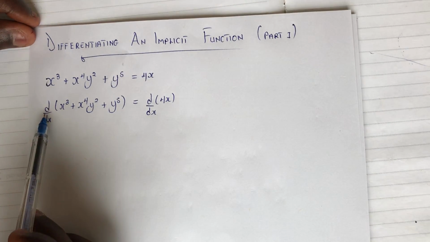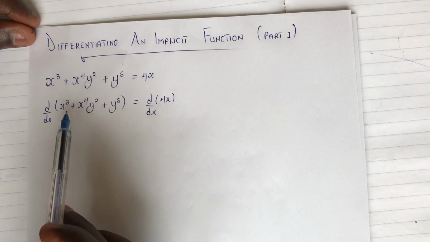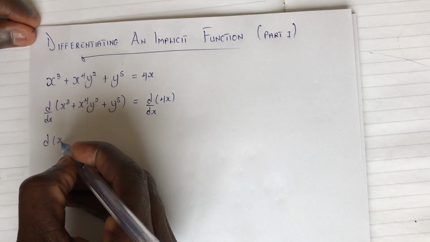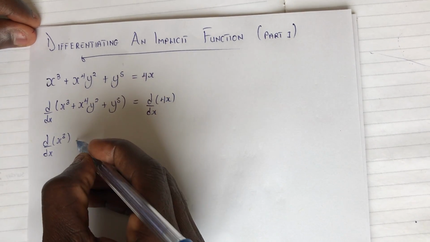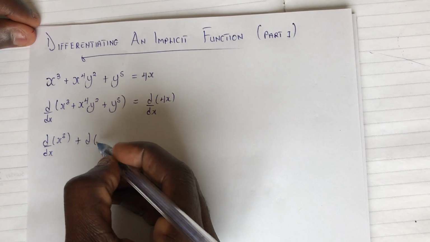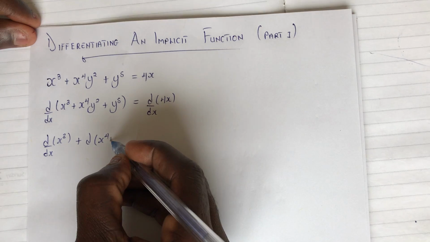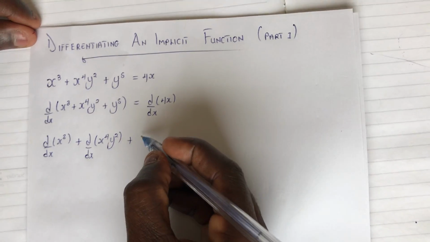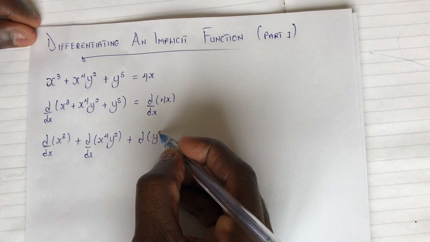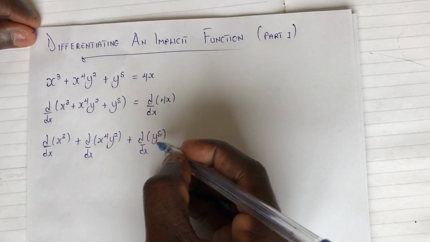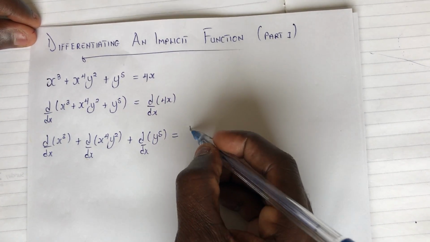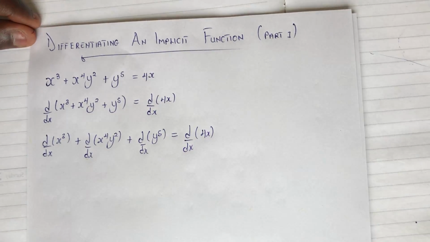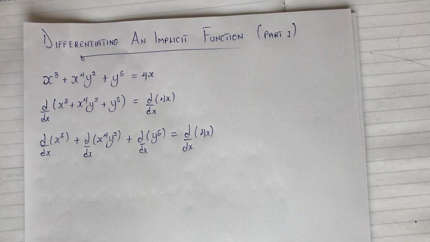Now the next step said use the derivative to multiply each term one by one. So I have d of x^3 dx plus d of x^4 y^2 dx plus d of y^5 dx equal to the same derivative of 4x. That is already there for me, so there is no need.